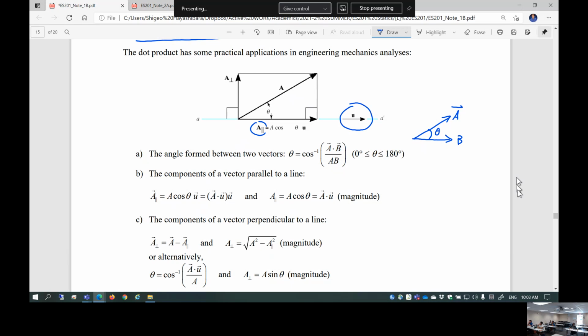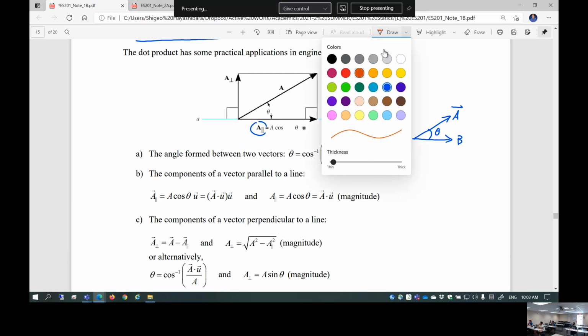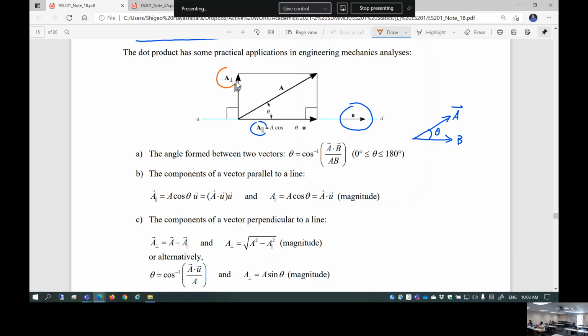Okay. So what about the component of a vector perpendicular to it? So A perpendicular. Is that U, the unit vector in the direction of A prime? That's right. This is a U. This is a unit vector in A prime. In other words, you define a line, then you can use this unit vector to specify the direction of that line.